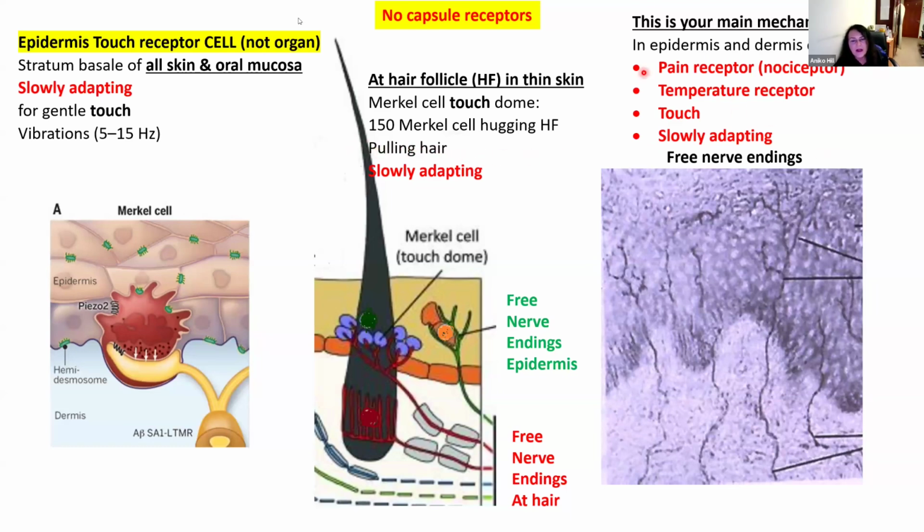And finally, let's analyze the main mechanoreceptor that is located all over the body, not only in the skin, epidermis, dermis, and of all kinds of skin, and they can pick up pain, which we call nociceptor. They can be temperature receptor, touch receptor, and again, they're gonna be slowly adapting because they don't have capsule.